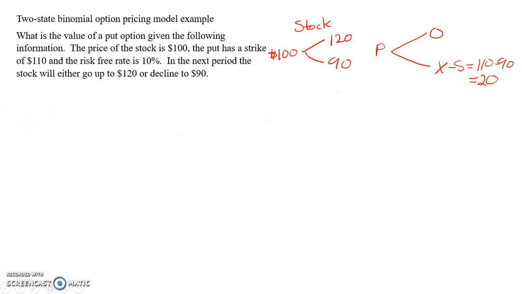So now we calculate the hedge ratio. The hedge ratio for a put is the value of the put in the up state minus the value of the put in the down state, divided by the value of the stock in the up state minus the value of the stock in the down state.